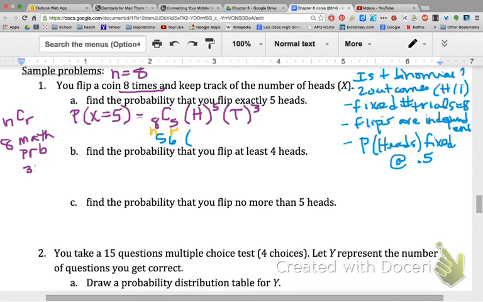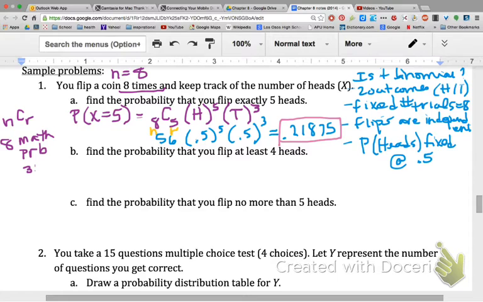So the probability for heads is 0.5, and the probability of tails is 0.5. And then I'm just going to plug and chug all of this directly into the calculator to get 0.21875.